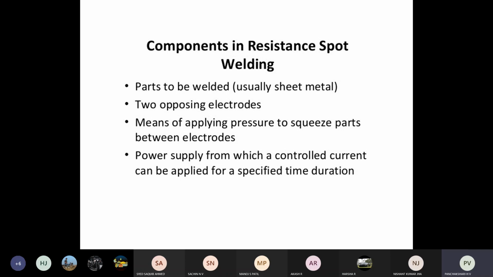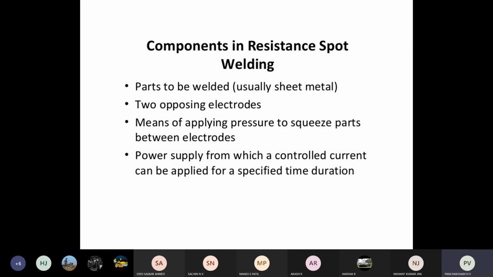Two opposing electrodes are required. Already you have seen that in the previous slide: two electrodes will be there, on two sides of the metal parts. Then a means of applying pressure to squeeze the parts. I already told you that in arc welding we are going to supply the heat, and there is no question of supplying force.